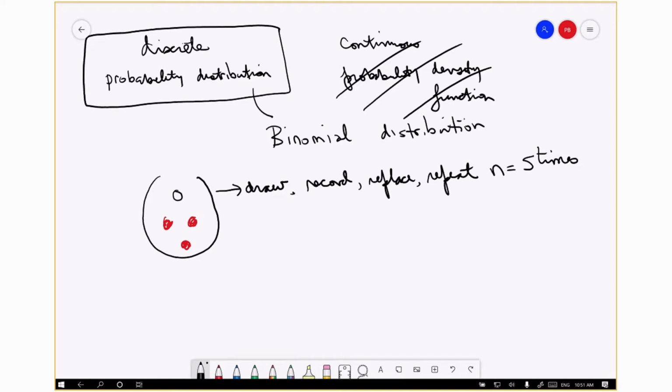And the random variable is going to be the count of red marbles. So, if we go back and think about this concept of a random variable, we thought about it in a couple of ways. One is as a mapping.